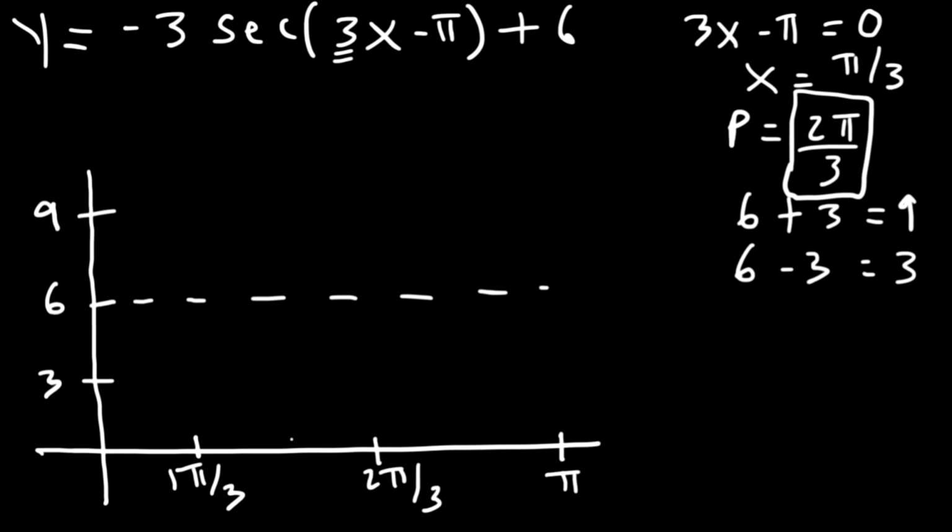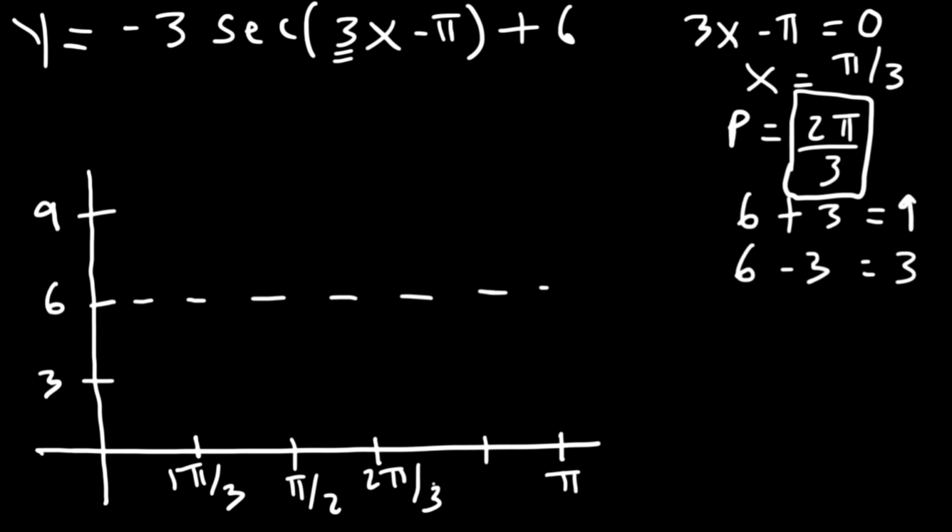Now what's between 1 pi over 3 and 2 pi over 3? What's halfway of that? So what you can do is you add them. 1 pi over 3 plus 2 pi over 3 is 3 pi over 3, which is pi, and then divide by 2. So that's pi over 2. Pi over 3 is 60 degrees, 2 pi over 3 is 120, pi over 2 is 90. 90 is between 60 and 120.